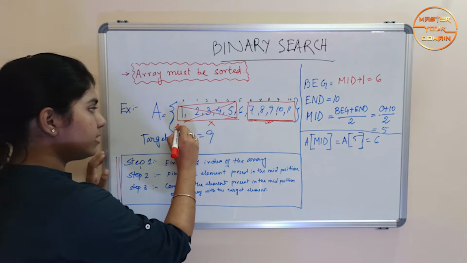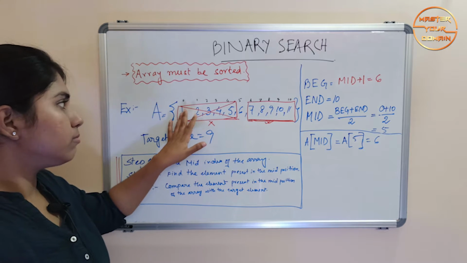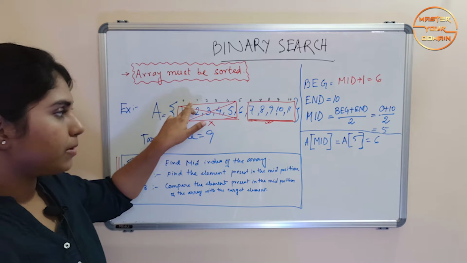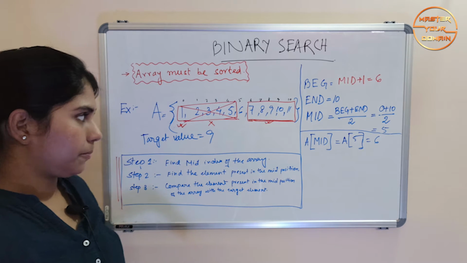If we had considered this other array, then our beg would be the same, but the end would have changed to mid minus 1.